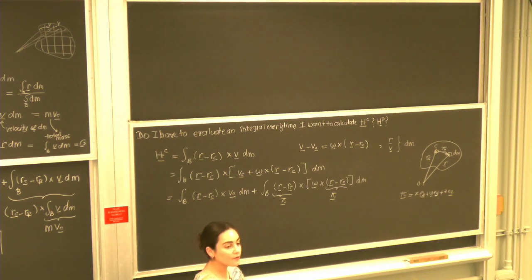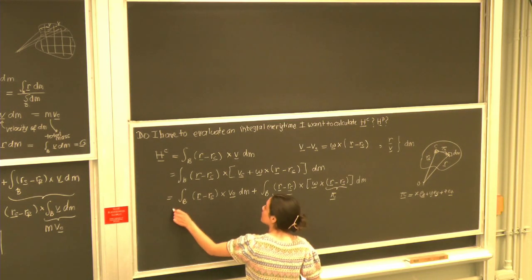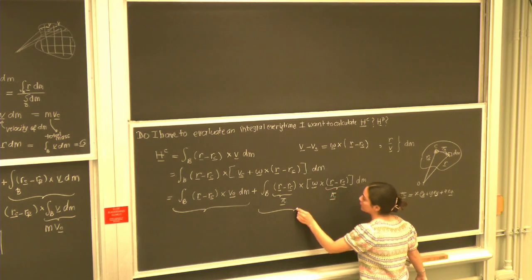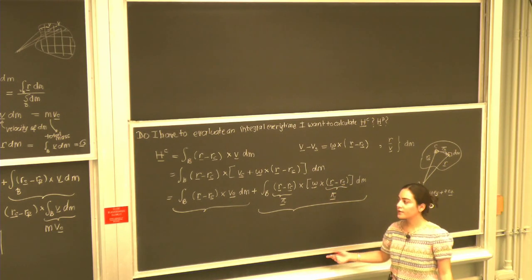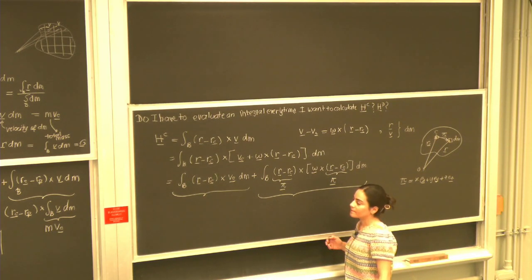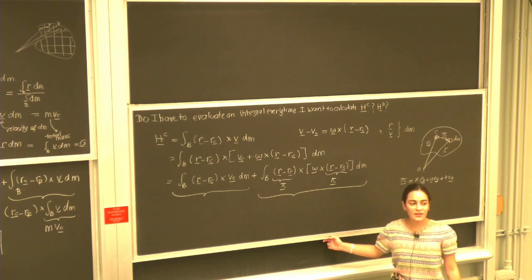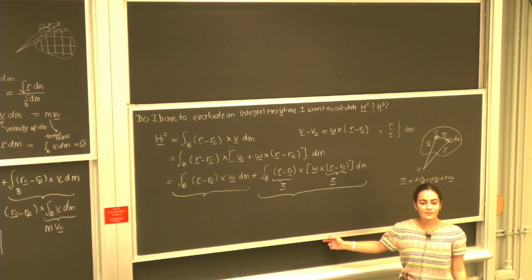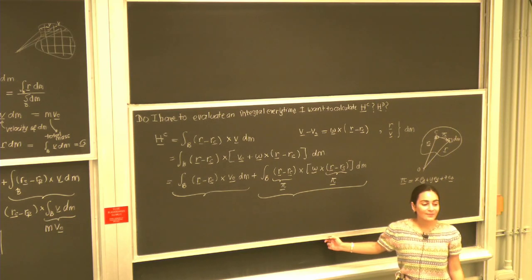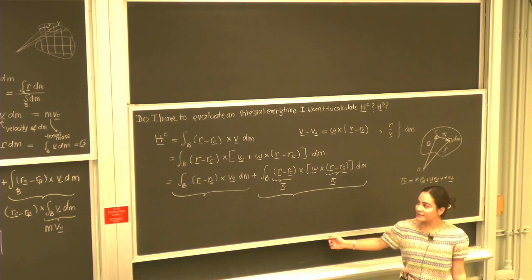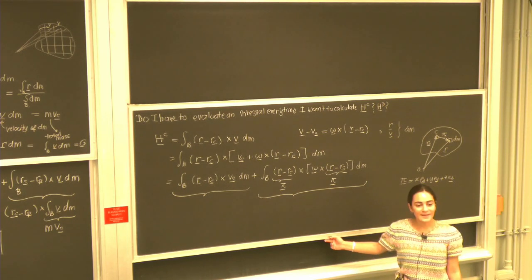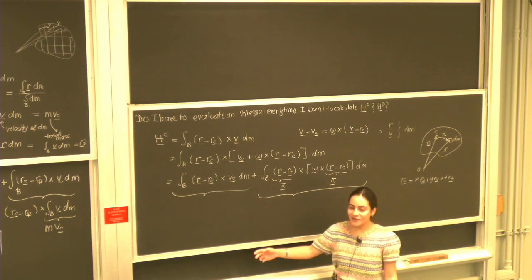Okay, so now we have two integrals, this guy and this guy. What is the first one going to be equal to? You did that as a quiz, but instead of an integral, you put a sum. The first integral is equal to what?